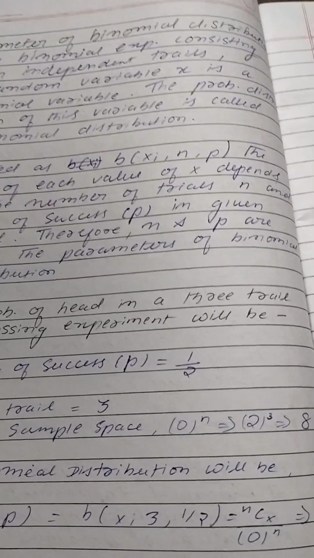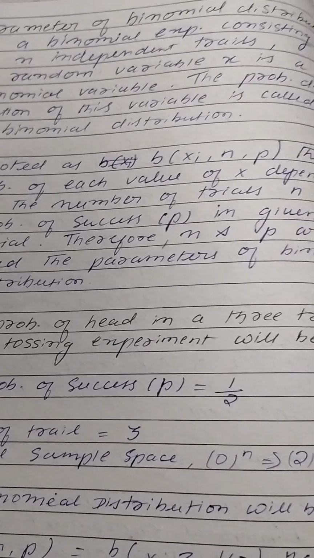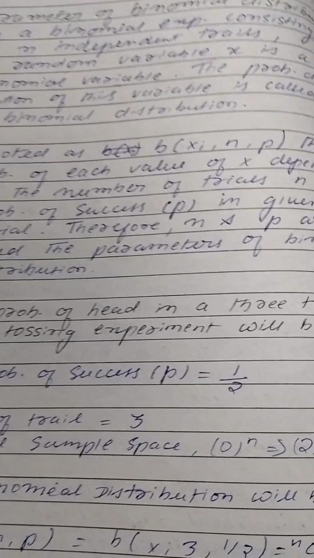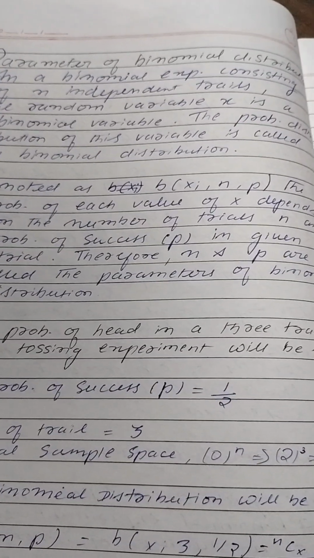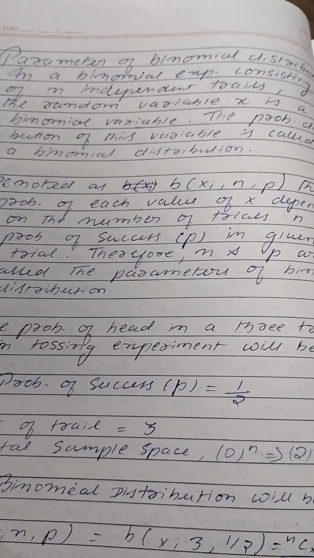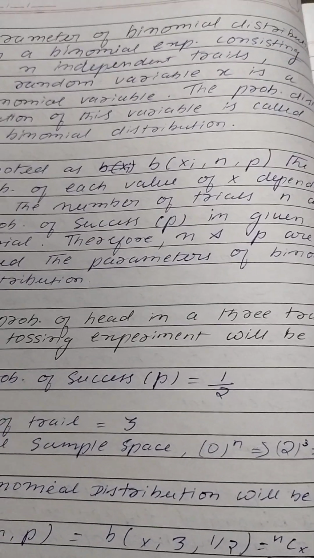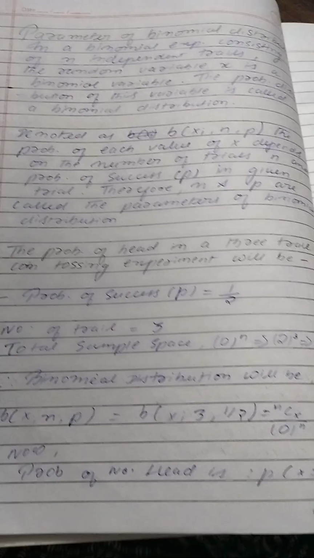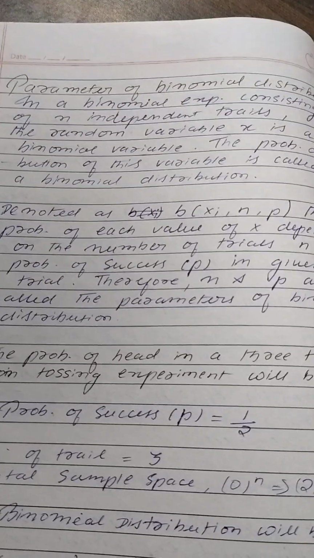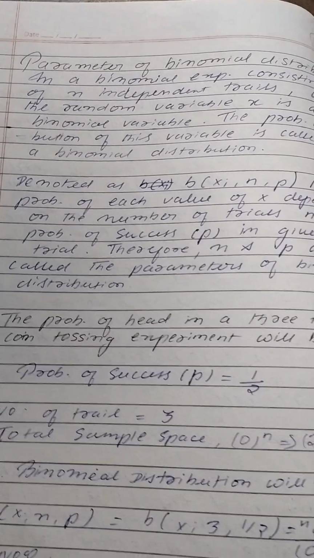The probability distribution of the x variable, which is also called the binomial variable, is called the binomial distribution.